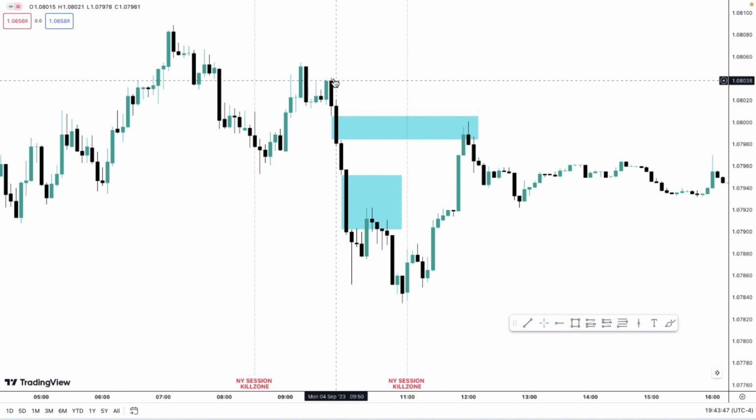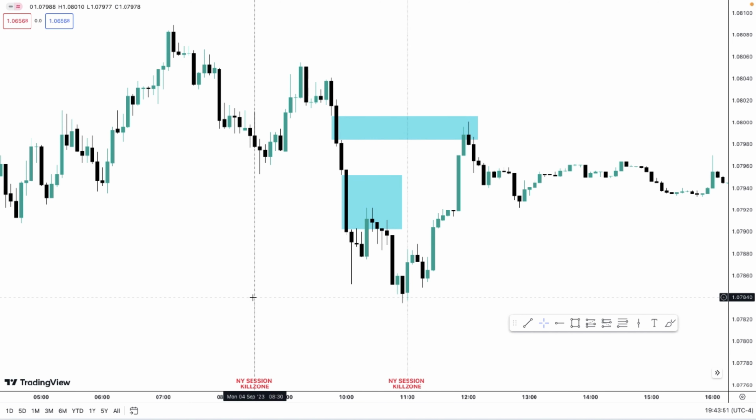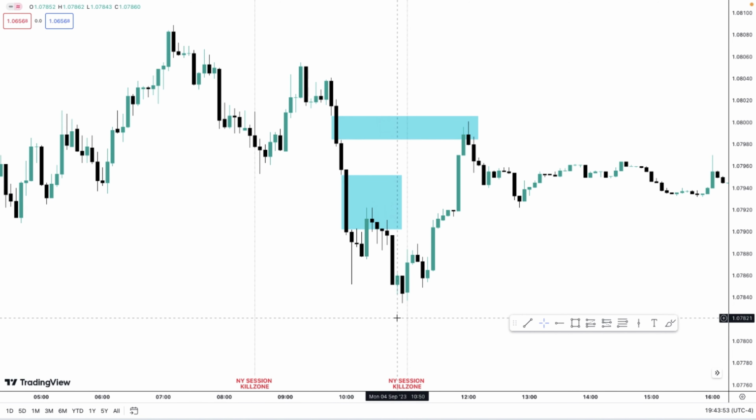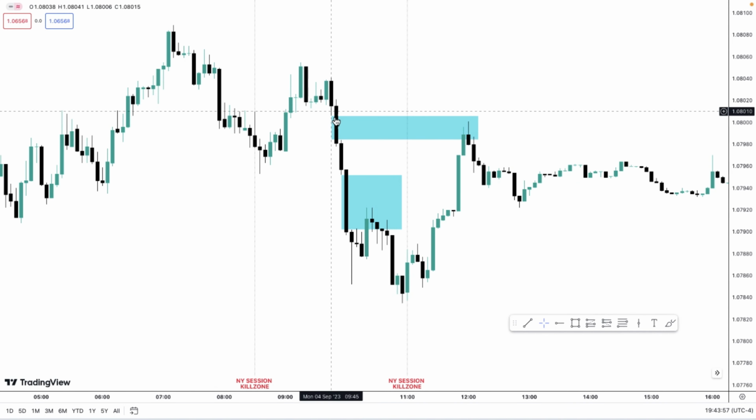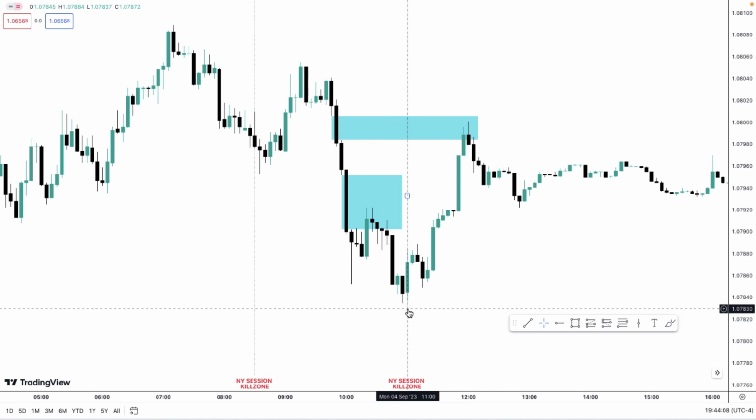Now, I have a swing high here and a swing low here that were created between 8:30 and 11 a.m. I didn't get a chance to trade this, but at 11 a.m. I'm seeing that the market didn't give me a chance to quickly enter like you saw on the previous day.